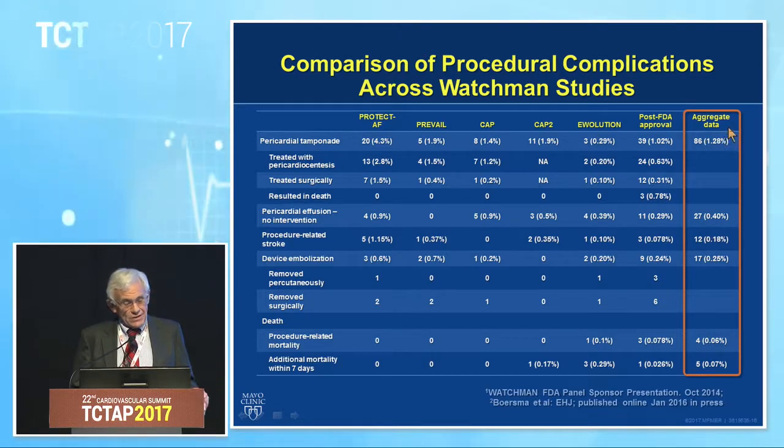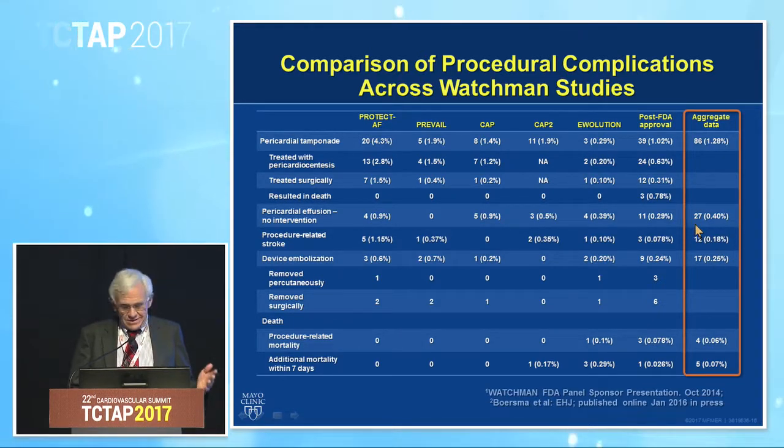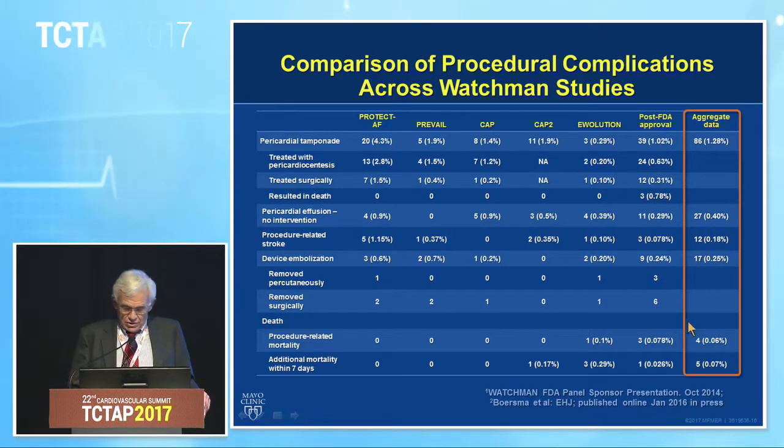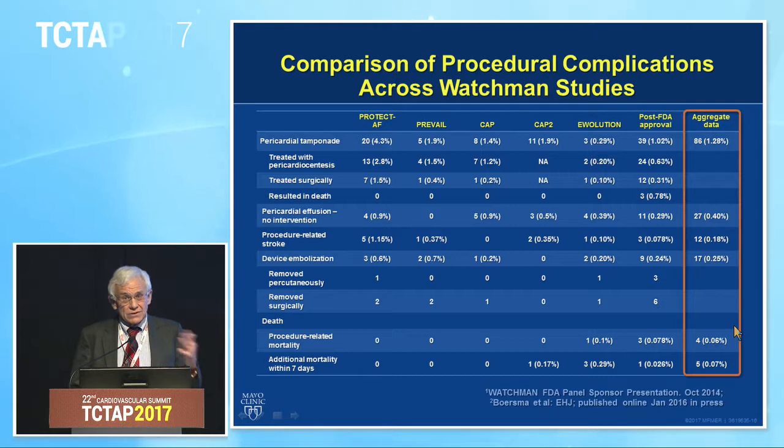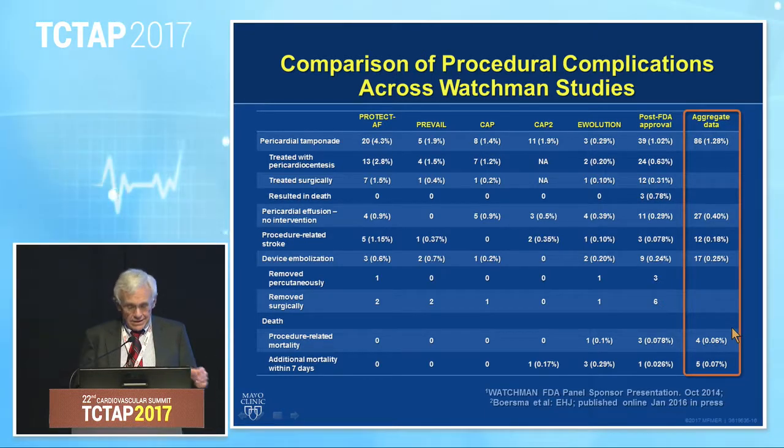It's much better than it used to be. Procedure-related stroke is 0.18%. That's the information that's available. Procedure-related mortality is 0.06%. So we now have a device that, while it is not perfect, looks like it is safer and safer and safer.